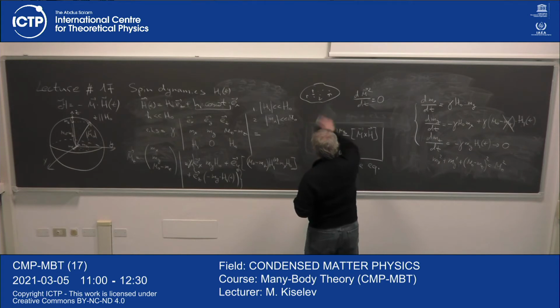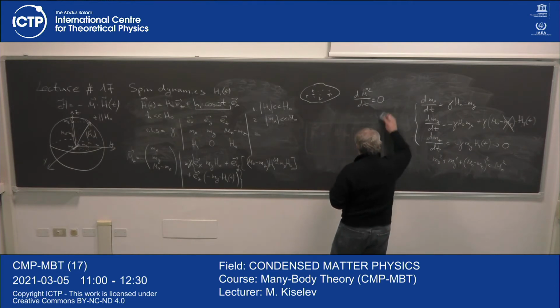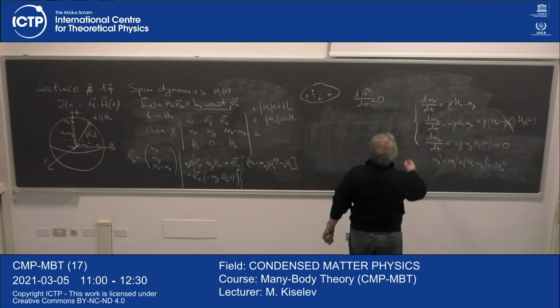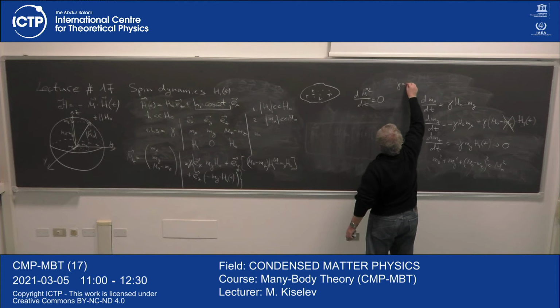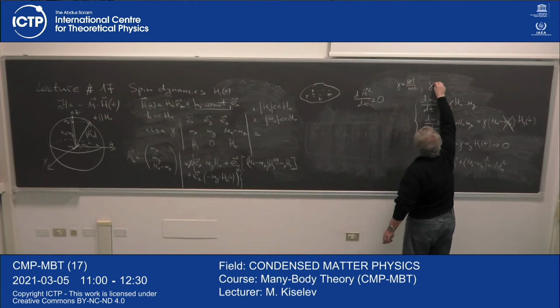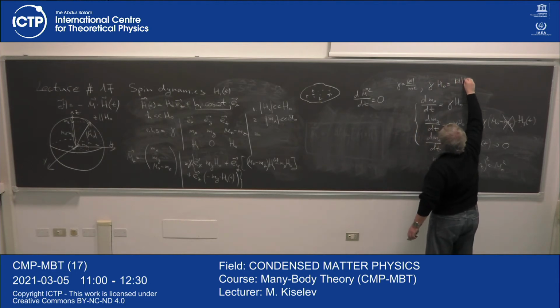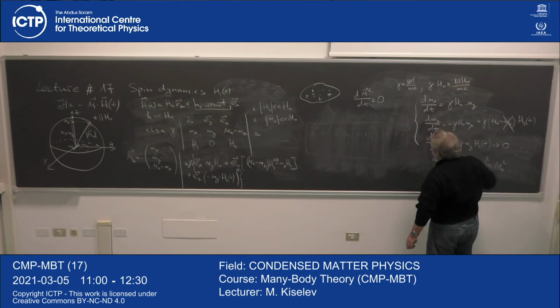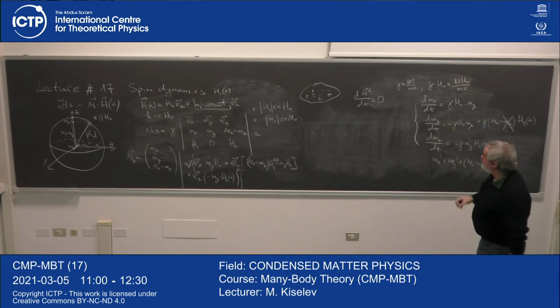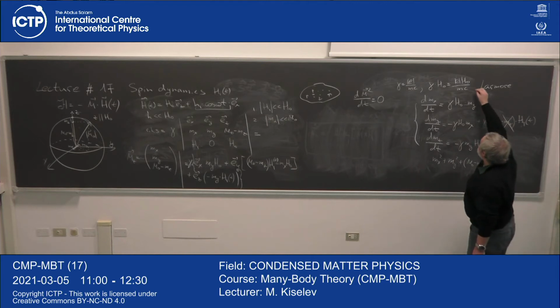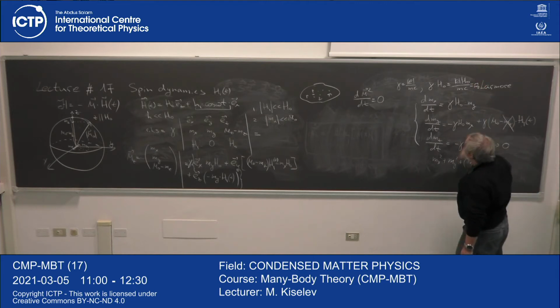Let me rewrite it again. So, I will introduce new notation. You remember that gamma is modulus e over mc. Therefore, gamma times H naught is modulus e H naught divided by mc, and you recognize that this is the Larmor frequency. I will denote it as omega naught.